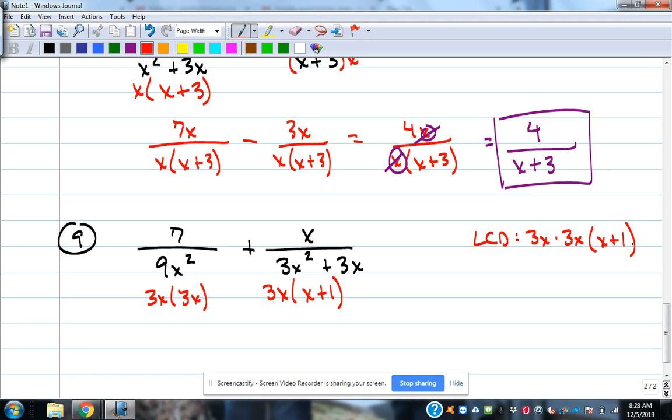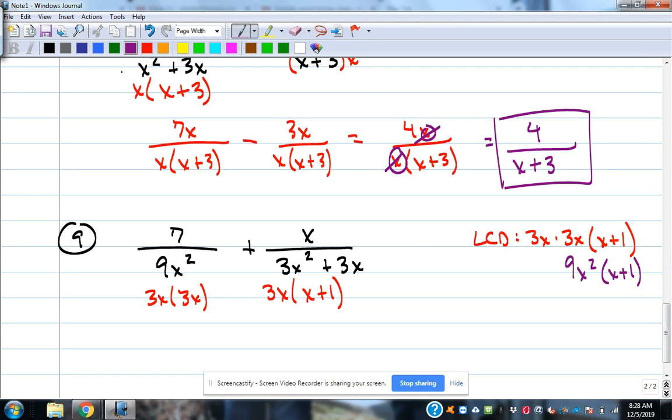No. Because this is really 9x squared, x plus 1. Is what that really is. And that's how I'm going to write it. Because here's the 9x squared is made up of 3x times 3x. And then we're sharing one of them. And then both of them need an x plus 1.